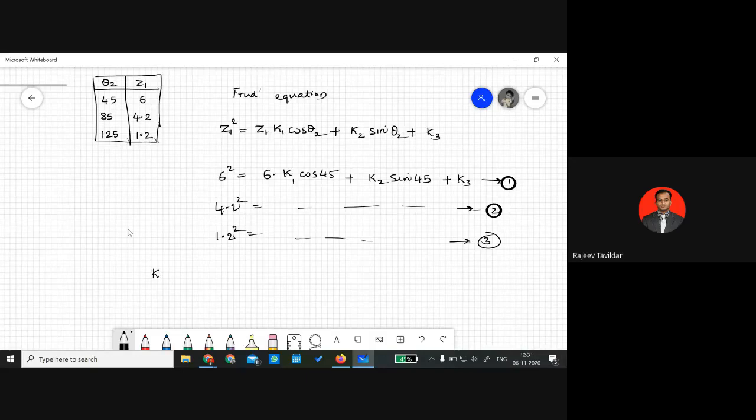So just solve them and let me know what is the value of K1. So 8. Okay, K1 is 8.